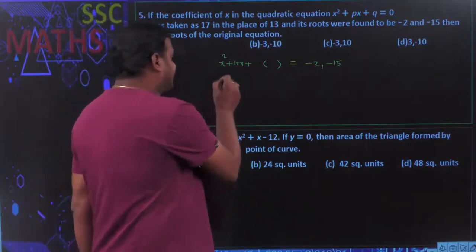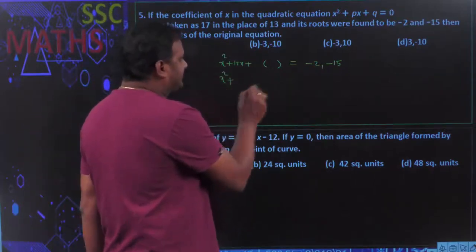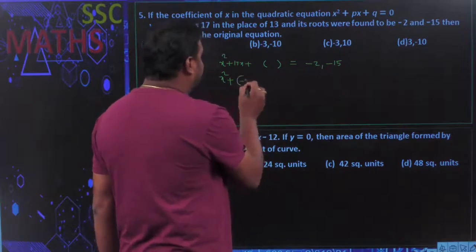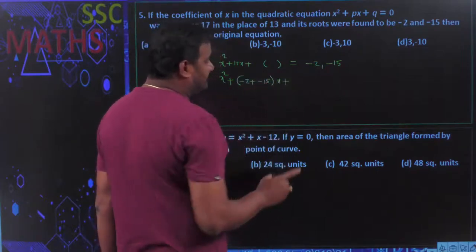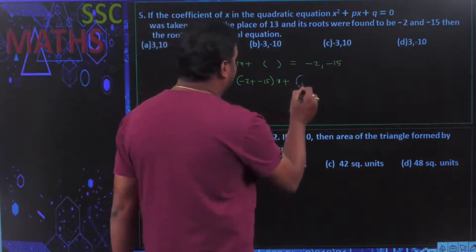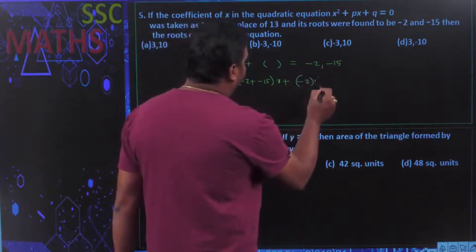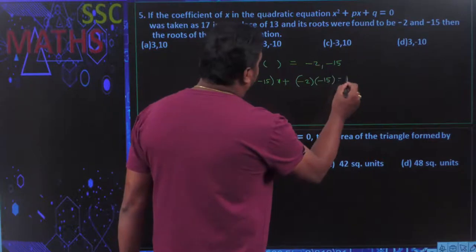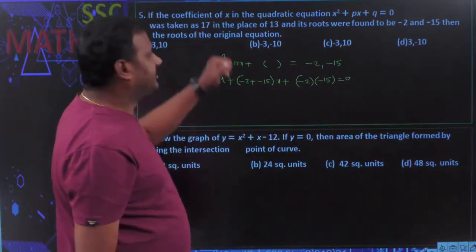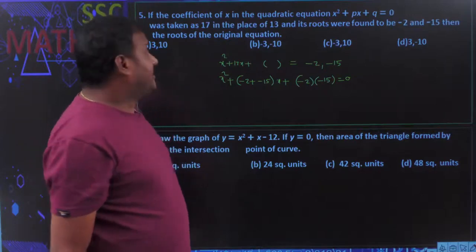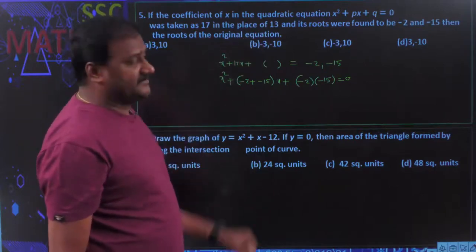You can write this as x square plus the sum of these two roots, that is minus 2 plus minus 15, times x, plus the product of roots. The product of roots is minus 2 into minus 15, which is 30. So this was actually the quadratic equation. According to this, the coefficient is 17. But the coefficient should be taken as 13.